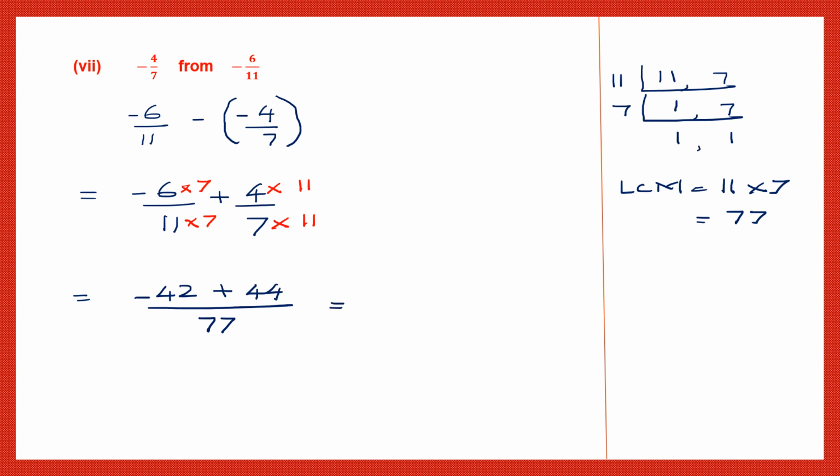Now we have two numbers with different signs. One is a minus sign, one is a plus sign. When signs are different, put the sign of the bigger number and subtract. 44 minus 42 is 2. 2 by 77. So this is our answer, 2 by 77.